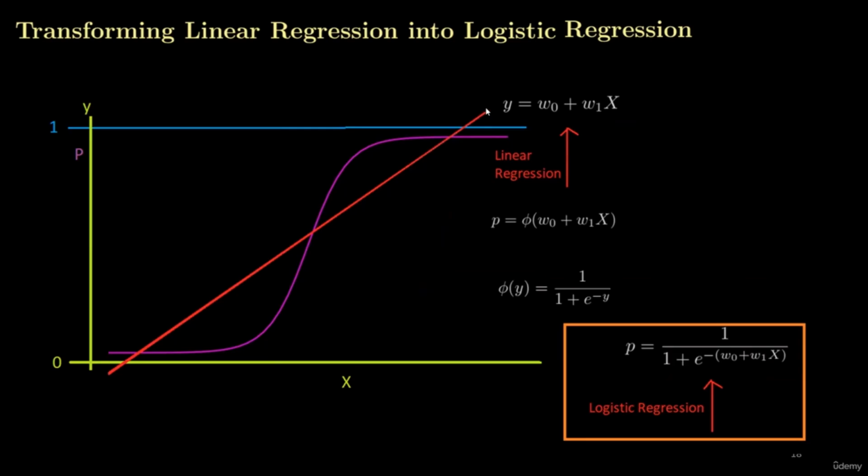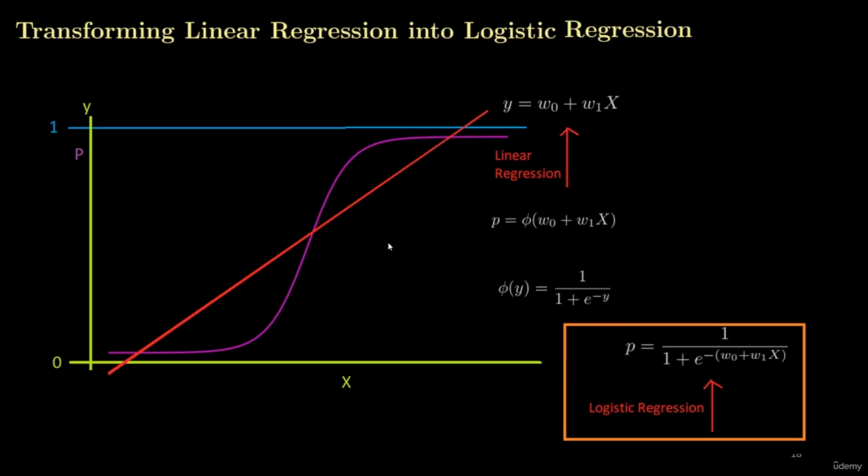If I want to transform this linear regression model into a logistic regression model, I need the sigmoid function. So this is the sigmoid function, and here I am using a variable y. If I put the equation of linear regression here in the sigmoid function, then I will be able to transform it into logistic regression.